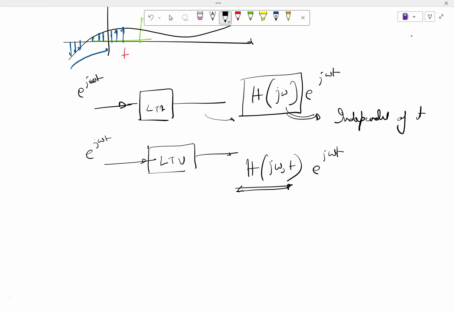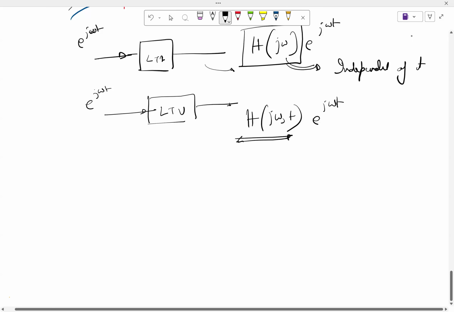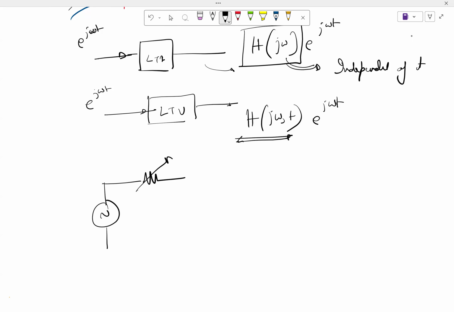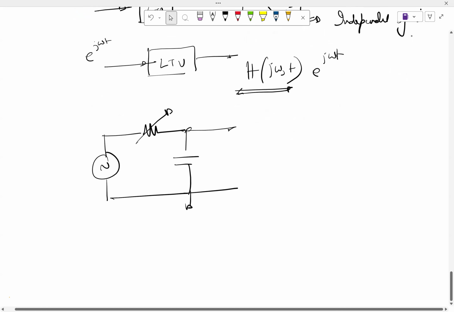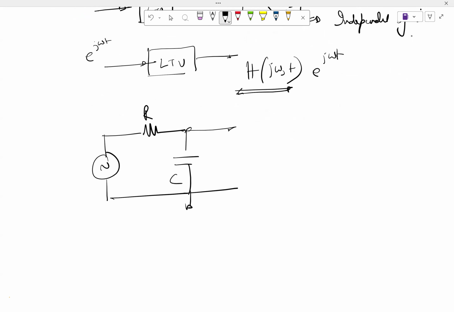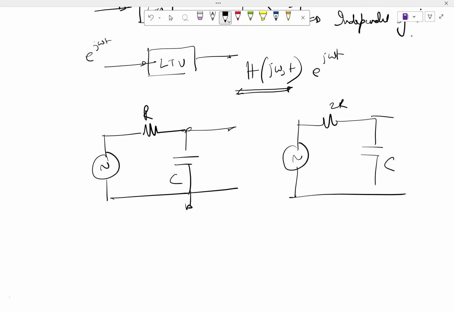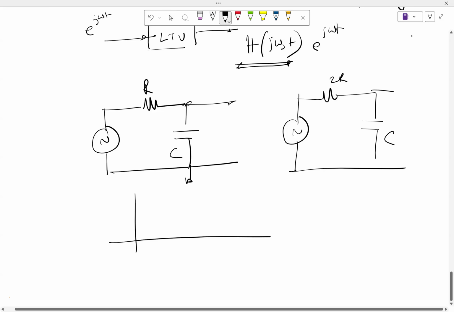Intuitively, that should make sense because when I'm applying a sinusoid, for a certain period of time it is seeing RC, and for other periods of time it is seeing 2RC. So this is where the system changed from R to 2R.